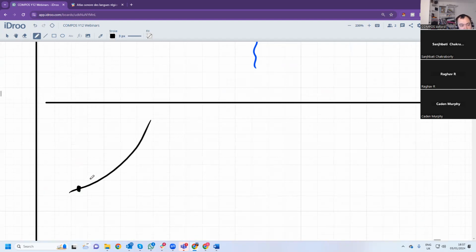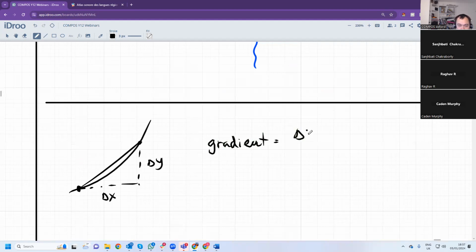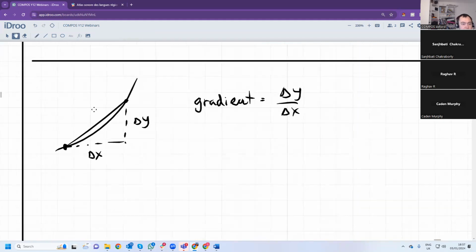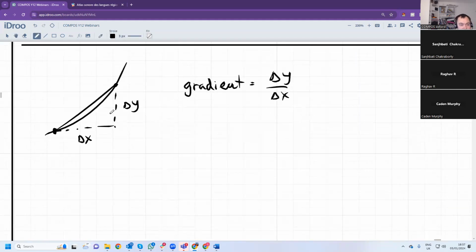If you take the gradient, this is delta y, and this is delta x. The gradient is delta y over delta x. But what you do is you are making the delta x smaller.